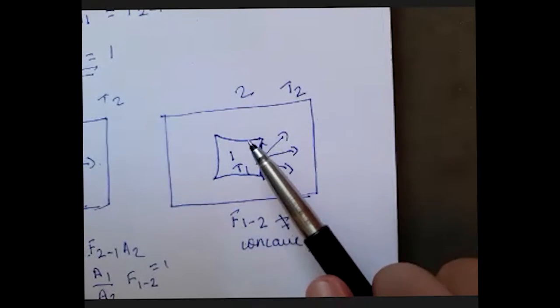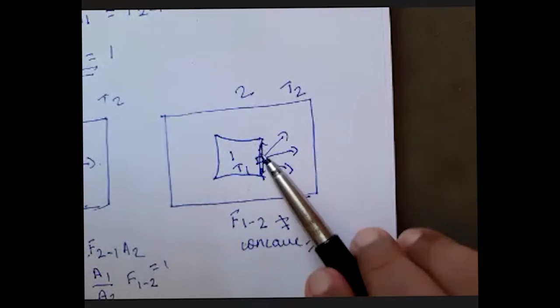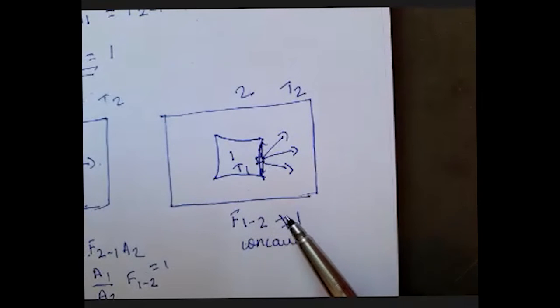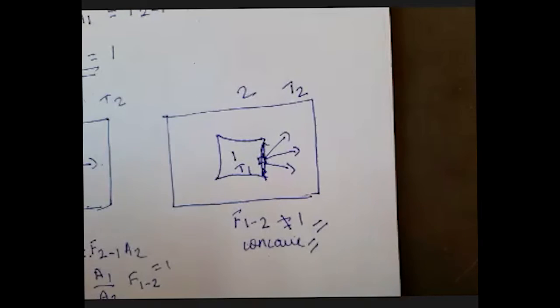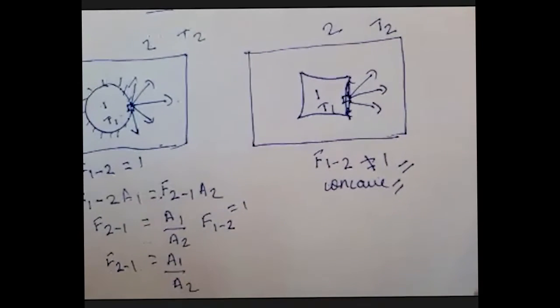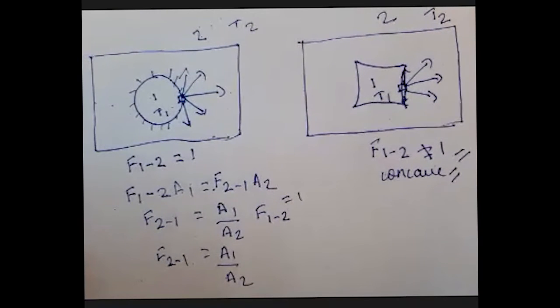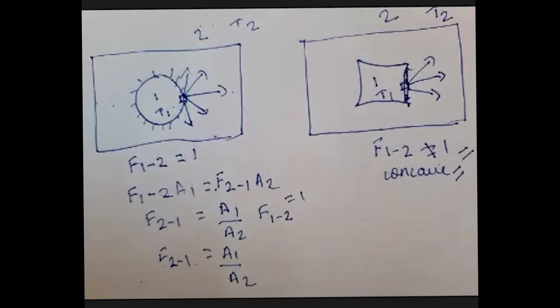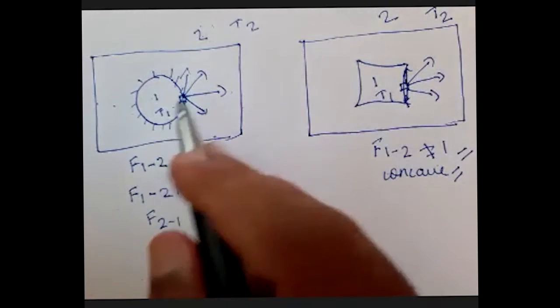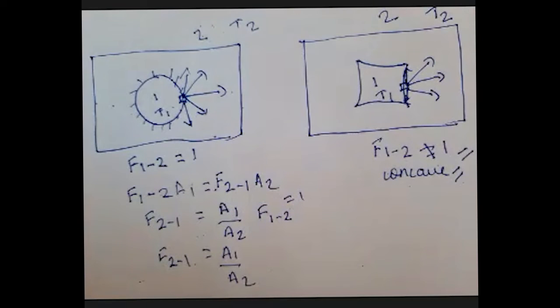Some part of it is going back to surface 1. In that case, F1 to 2 will not be equal to 1. So I should know what type of surface it is, and whether all the radiation coming out of this surface is intercepted by surface 2 or not. Only this can be done for a convex surface or a flat surface or something like that.